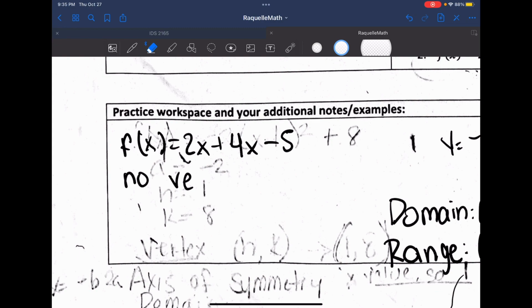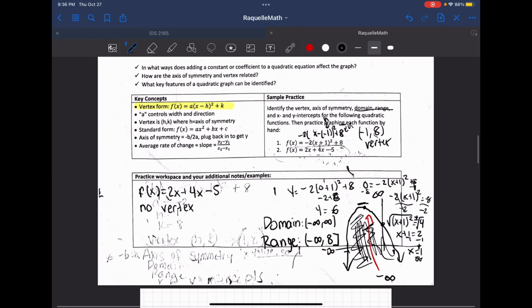So this was a trick question, sort of. There is also no axis of symmetry, since there's really no reason for one. But we can find the domain and range, though.